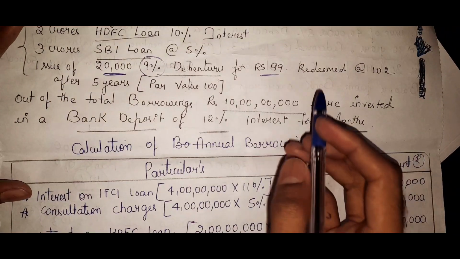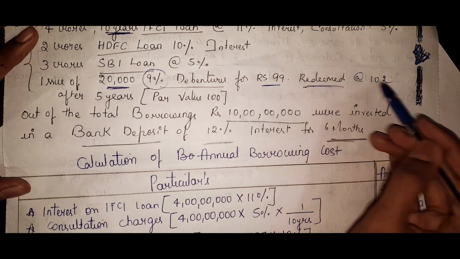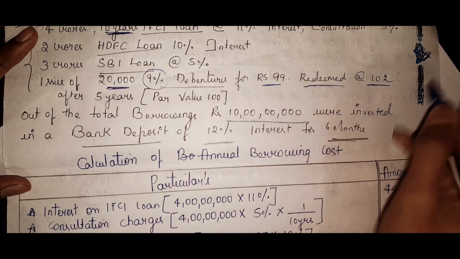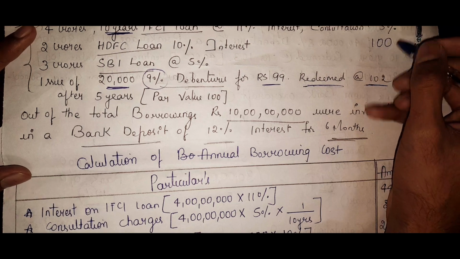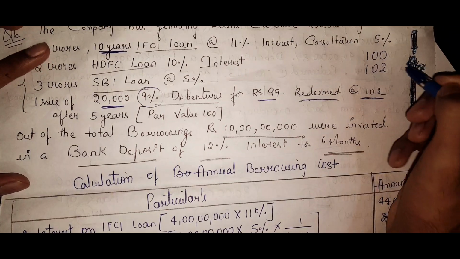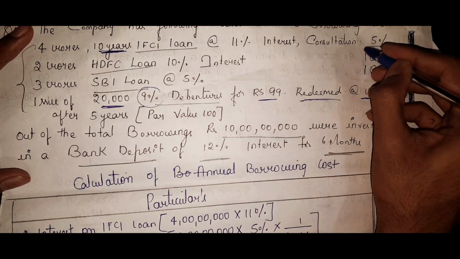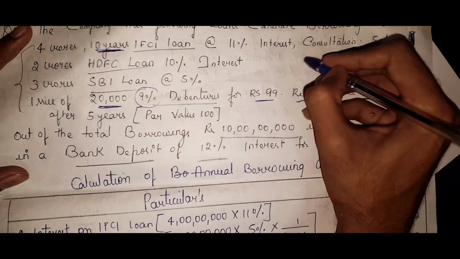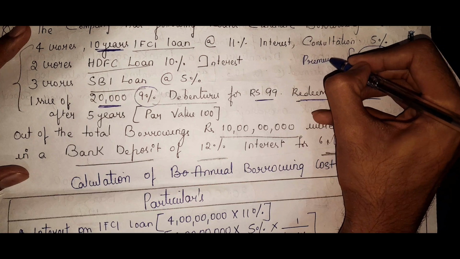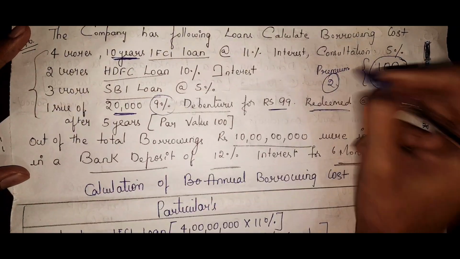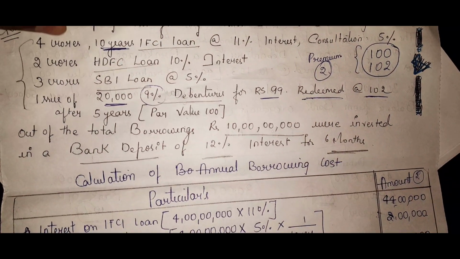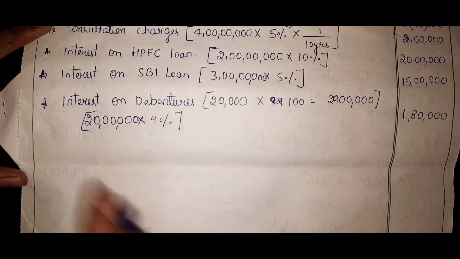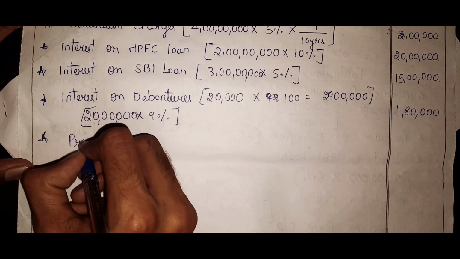Next they have told that it is redeemed at 102. So actually the par value was 100, and they have redeemed it at 102 rupees. What does this redeem mean? They have given a premium, 2 rupees of premium. So first let us show that premium entry. So premium on redemption.